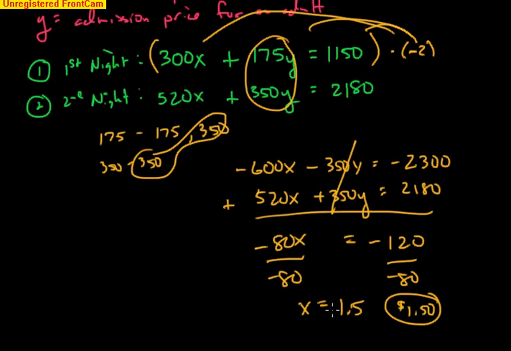So now take this $1.50, this 1.5, and plug it into X in either equation. I'm going to choose the bottom one because it has smaller numbers. 300X plus 175Y equals 1150.